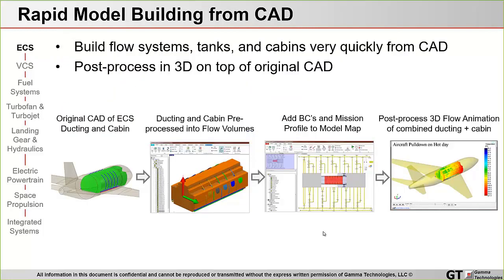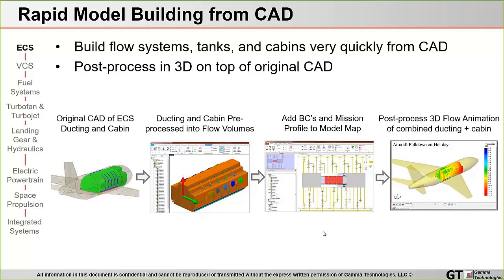Taking a deeper dive into the ECS system modeling, oftentimes the workflow is quite nice, where you can start from a native CAD model of the aircraft ECS system and the cabin, and you can discretize the flow path both through the piping in a one-dimensional fashion, but also of the cabin as well, to do what we call a coarse pseudo 3D analysis to look at preliminary temperature and flow distribution in a certain cabin environment.